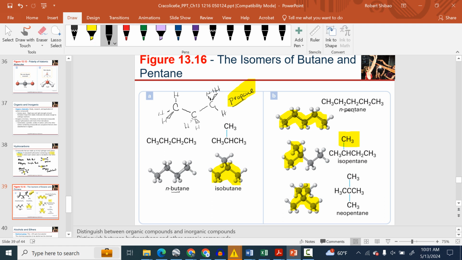Let's put that in here. This is called 2-methylbutane because it's a 4-carbon chain with a methyl group stuck on the second carbon.